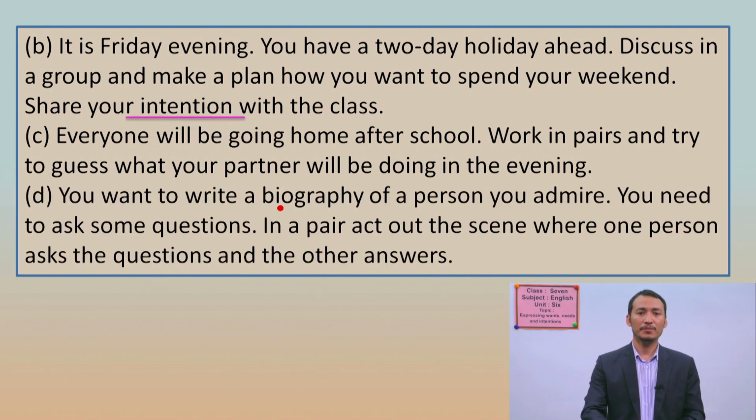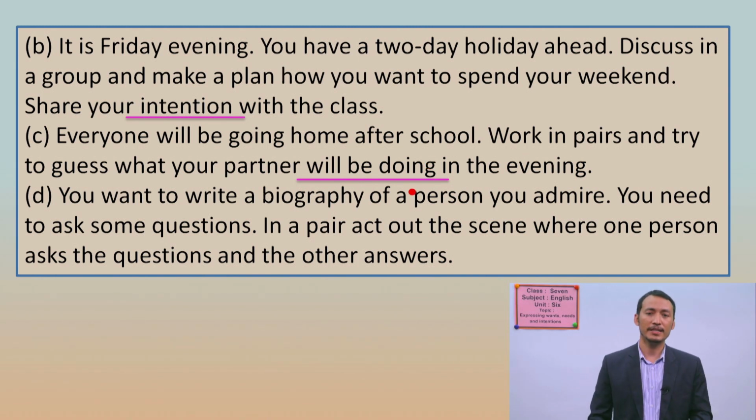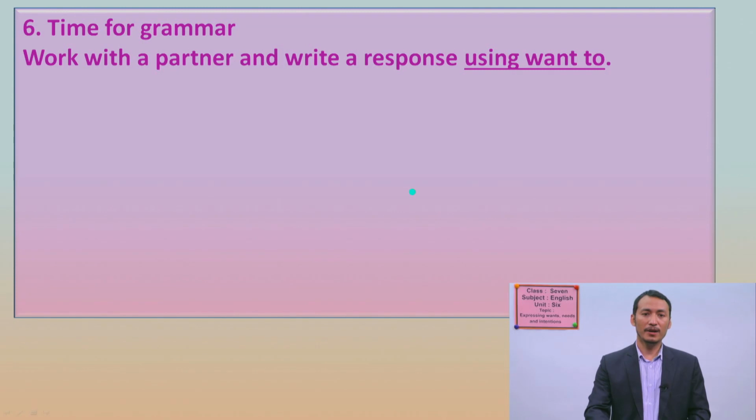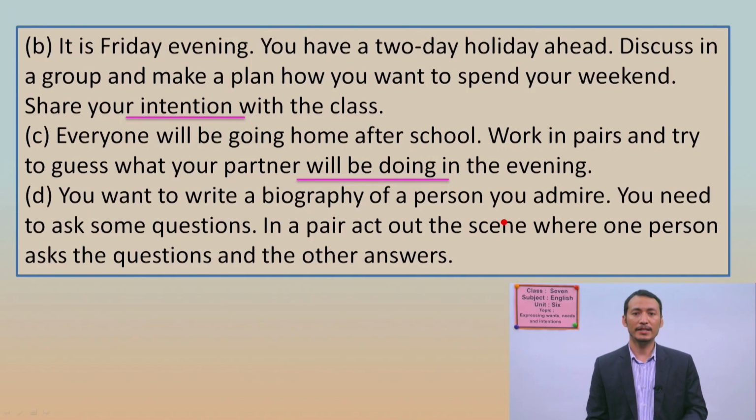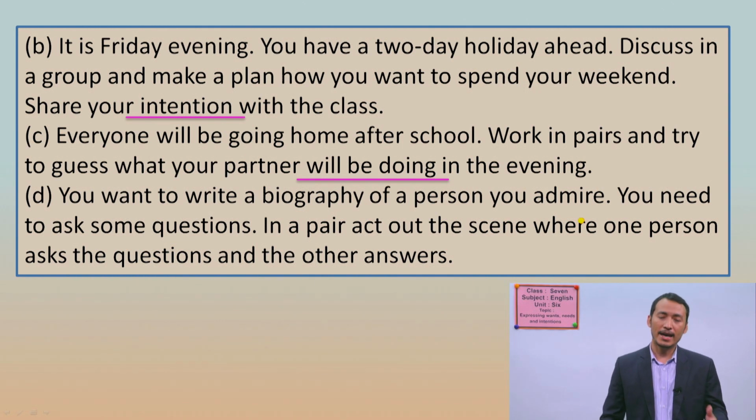Okay, now what you need to do is first express your intention, using want and intention. Another thing you can do is follow the "will be" structure and make sentences for expressing someone's intention. Okay, another one is you want to write a biography. This one can be done by asking your parents.